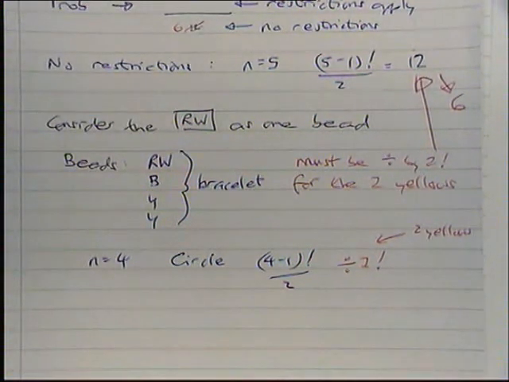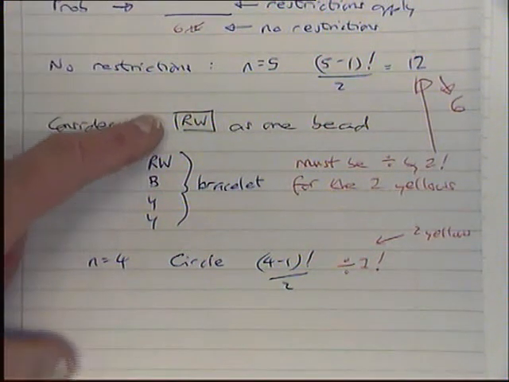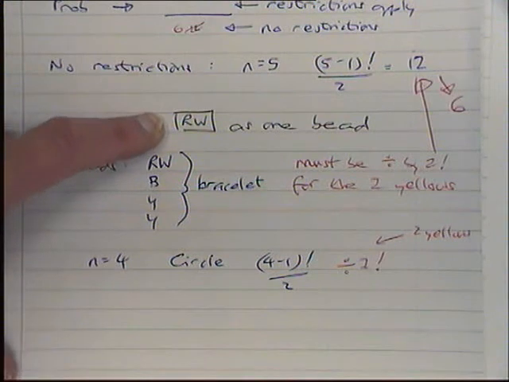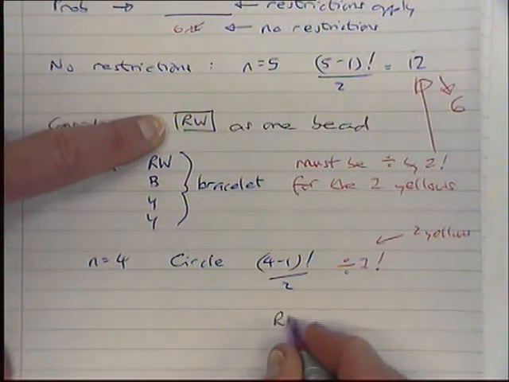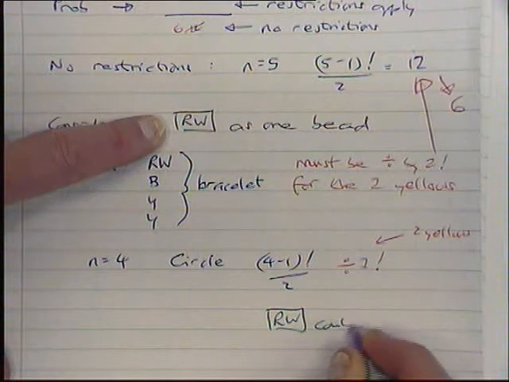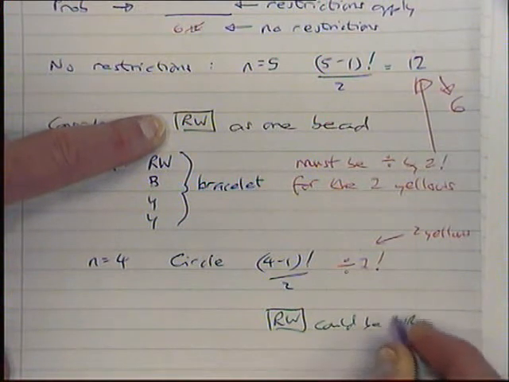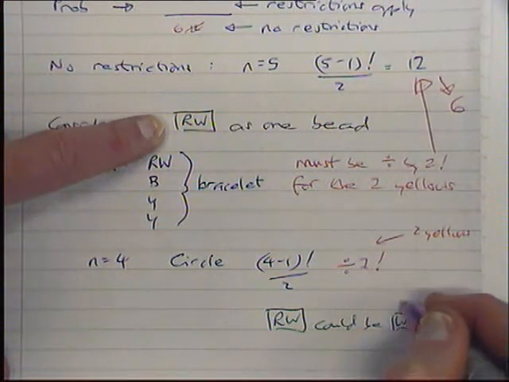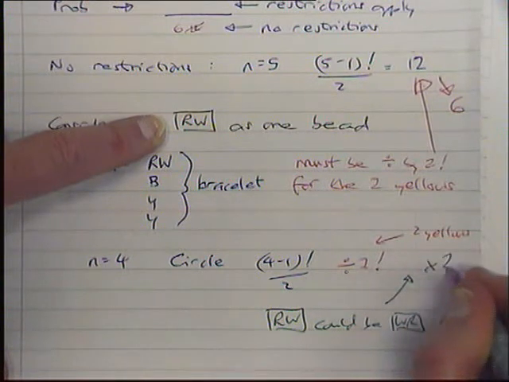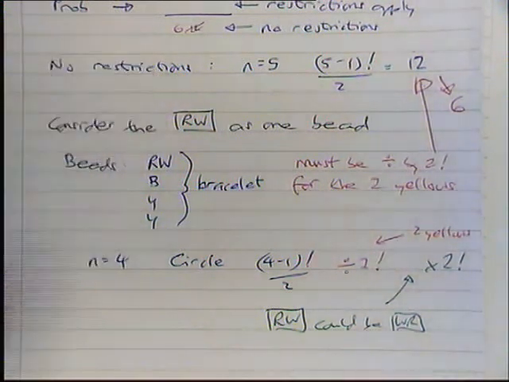Or will it? Go on. It's because red and white can have, yes, that's right. This red and white one here can be done in 2 different ways. That red-white could be white and red. We don't care. So that means I've got to multiply that by 2 factorial, because that's another possibility in the mix.